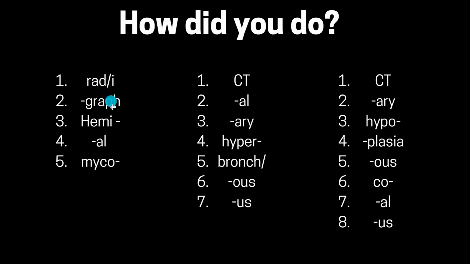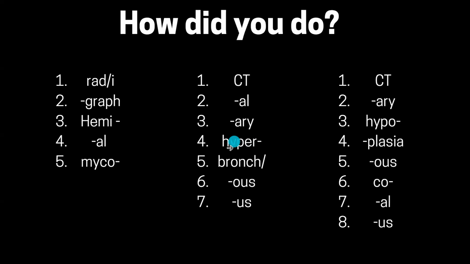So graph, meaning a measure of something. So in this case, it was a radiograph. So that's another word for an X-ray. CT stands for computed tomography scan. That's almost like an advanced X-ray. Al and ary both mean pertaining to.